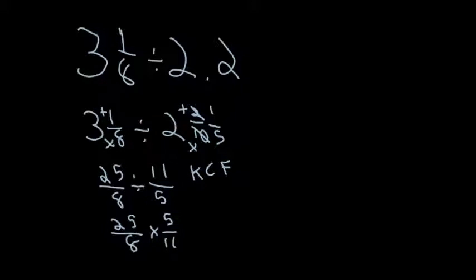There's nothing I can reduce here, so we're just going to multiply. 25 times 5 is 125. 8 times 11 is 88. And 88 will go into 125 once, with 37 left over. So I have 1 and 37 over 88.